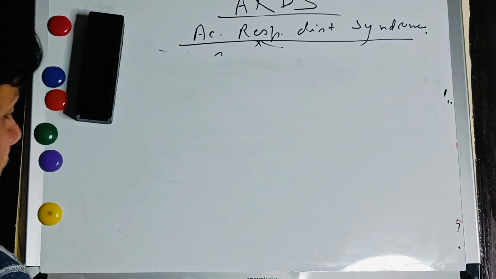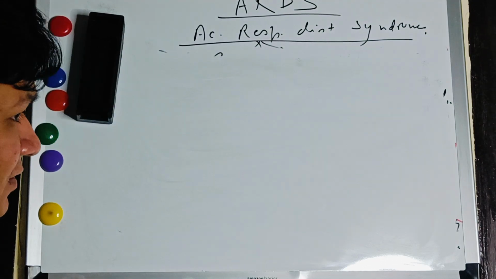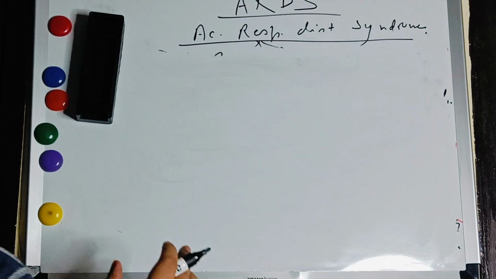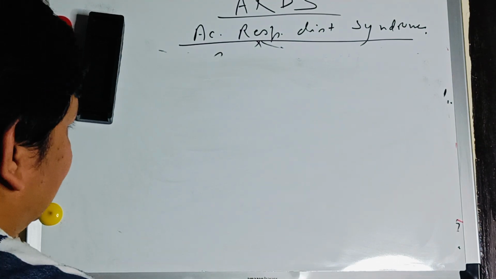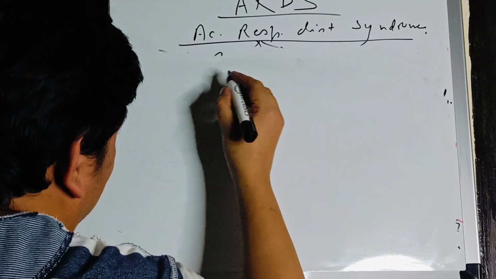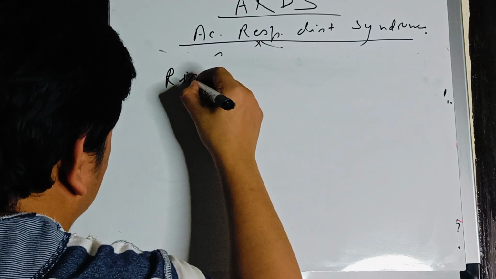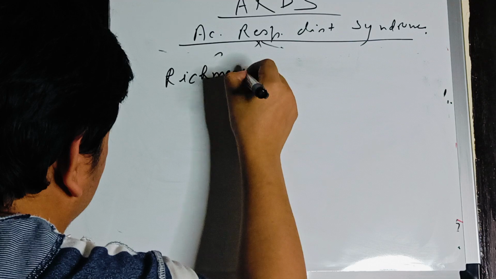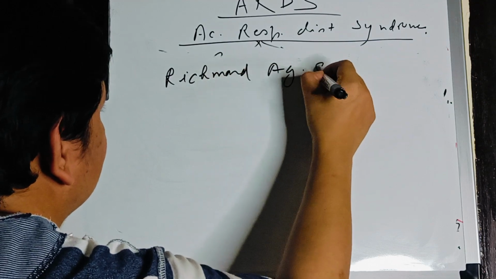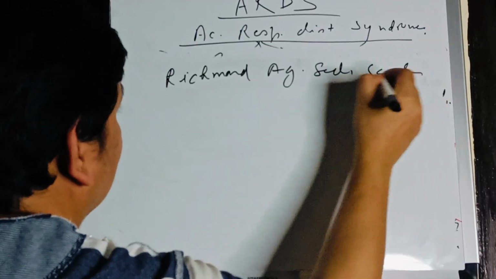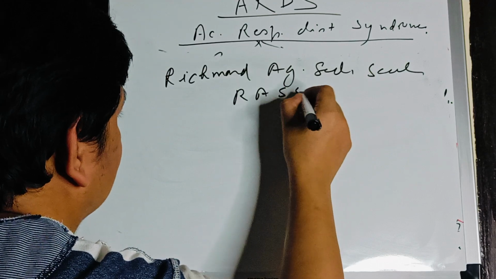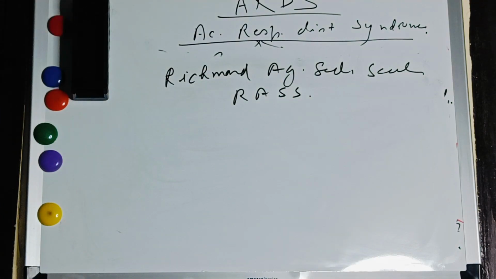now what are the scales that give us an idea about sedation and agitation of the patient? So that is the Richmond Agitation Sedation Scale, RASS.